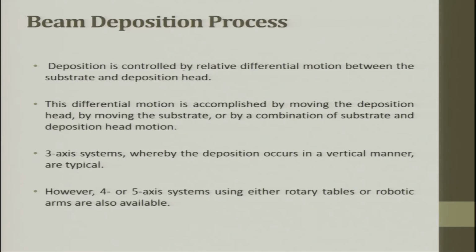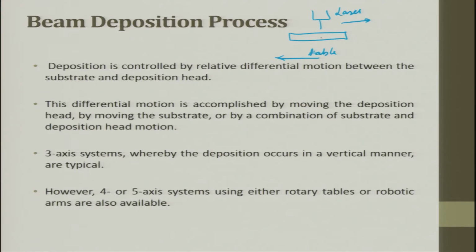The deposition is controlled by relative differential motion between the substrate and the deposition head. This differential motion is accomplished by moving the deposition head, by moving the substrate, or by combining the substrate and the deposition head. See, it is interesting. If you want a flat surface, either the laser can be moved, or the table can be moved.